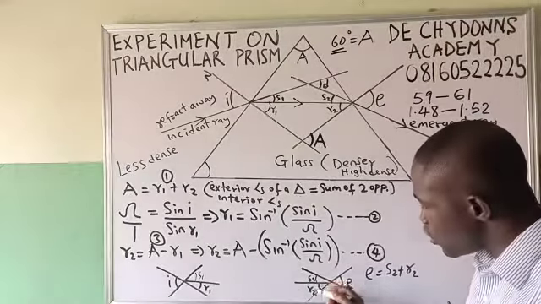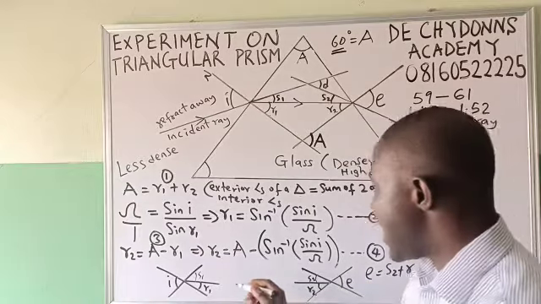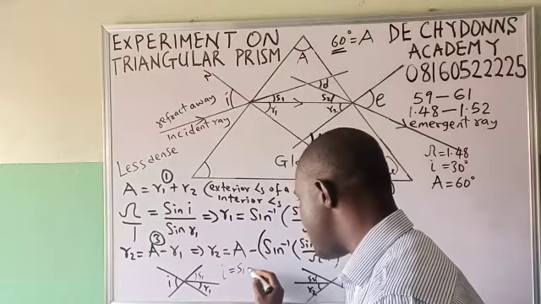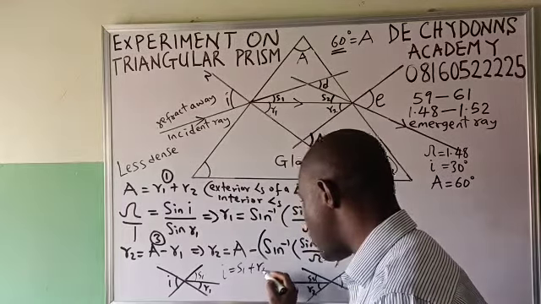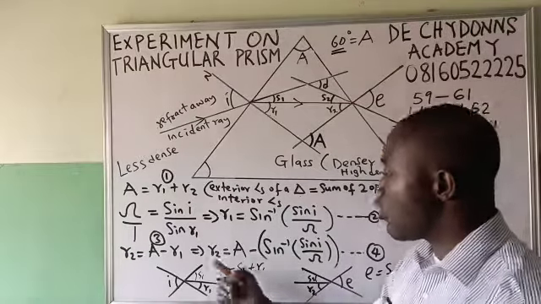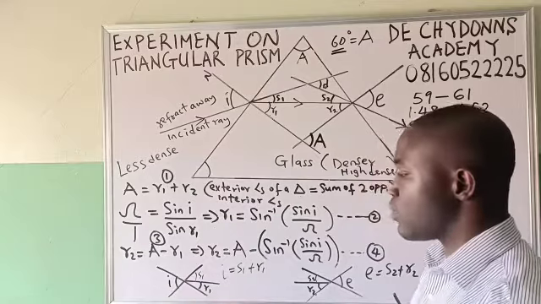Because when you sum the total of this side, it is equal to E. And here, I is equal to S1 plus R1. That is, vertically opposite angles are equal.